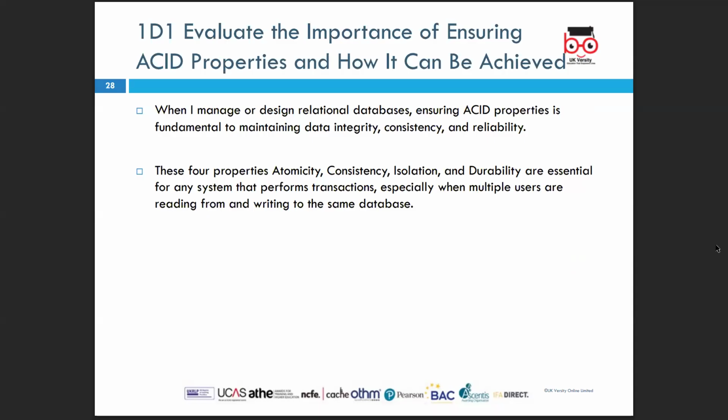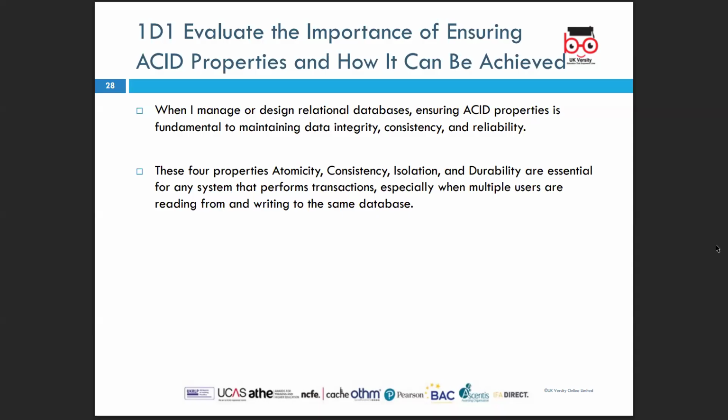Now we're going to evaluate the importance of ensuring ACID properties and how it can be achieved. When we manage or design relational databases, we need to ensure ACID properties, which is fundamental to maintaining data integrity, consistency, and reliability.